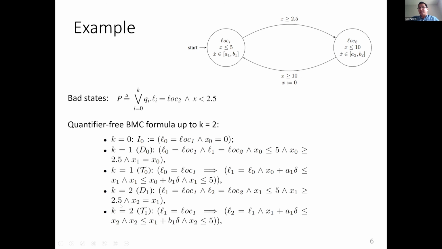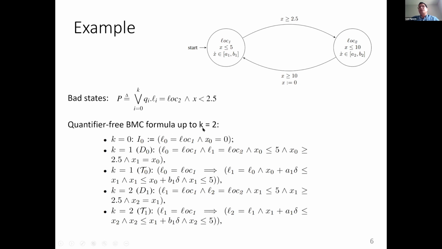We also have two different kinds of transition relation, but things are different right now. The continuous trajectory will not be satisfiable because the value of s is possibly already equal to 5, and only the discrete transition will happen, which transits the system from log 1 to log 2 right here.